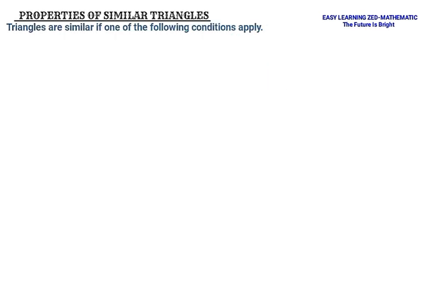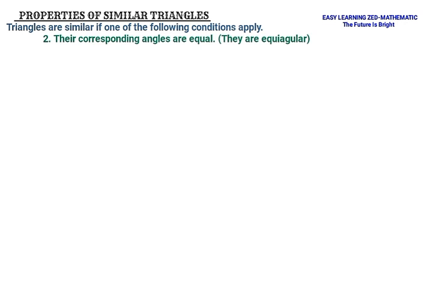The second condition that can help us to determine whether the triangles are similar is that their corresponding angles are equal. If their corresponding angles are equal, then the two triangles are similar. In other words, they are equiangular.